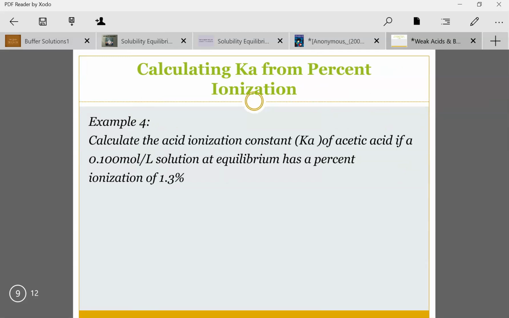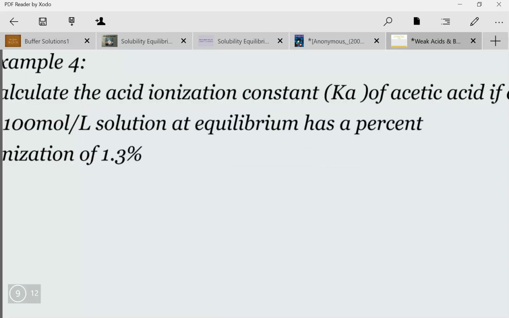Calculate the acid ionization constant of acetic acid if a 0.1 mole per liter solution at equilibrium has a percent ionization of 1.3. Okay.